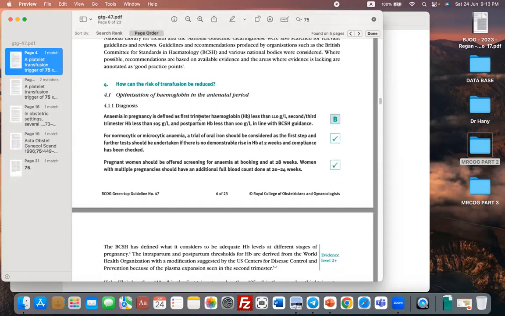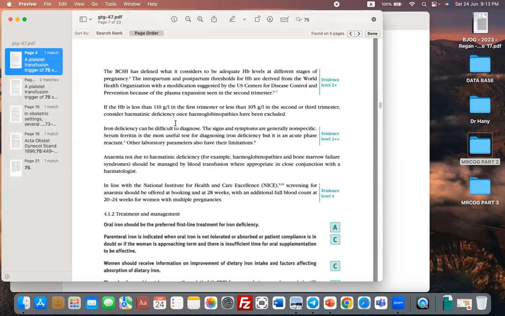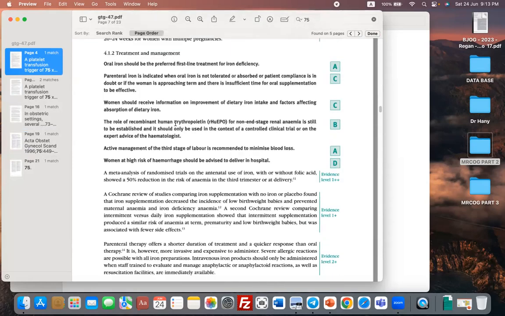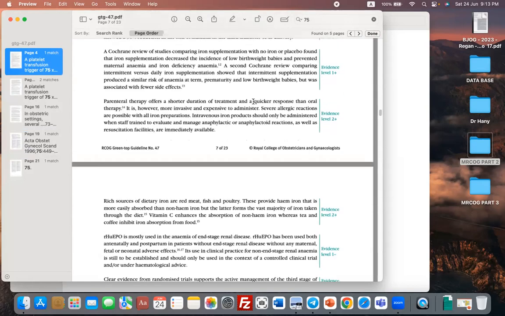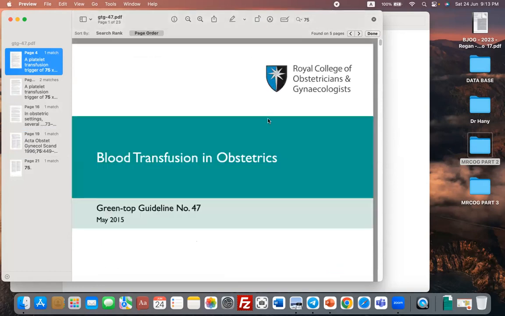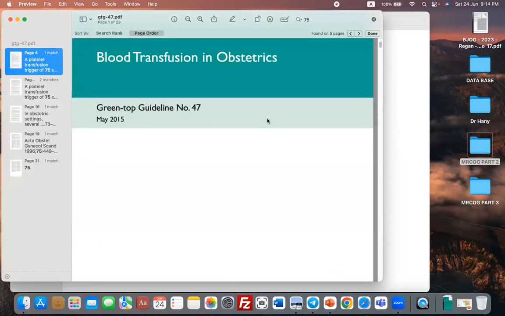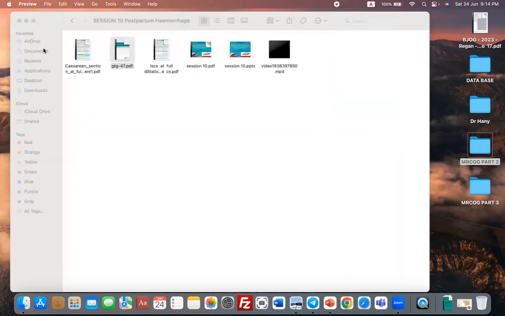It is mentioned in the session, but we don't have the aim or the targets mentioned in the guideline. The aim is my target to restore. This is a blood transfusion.